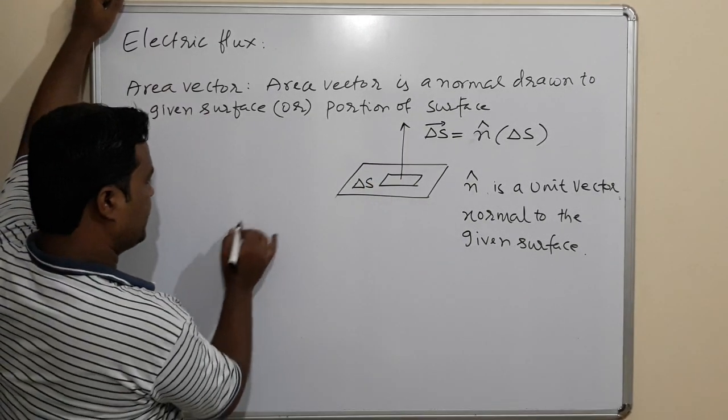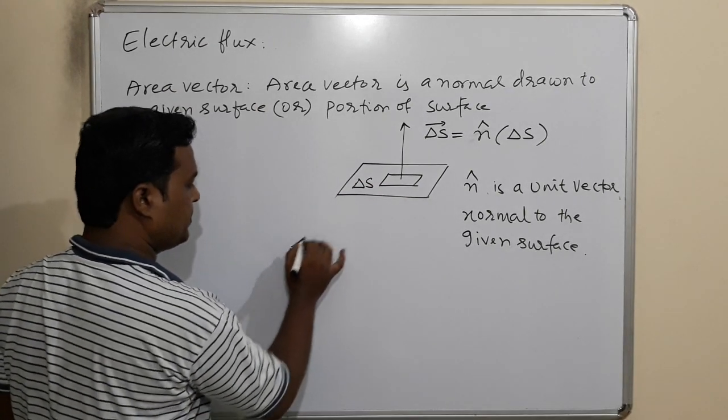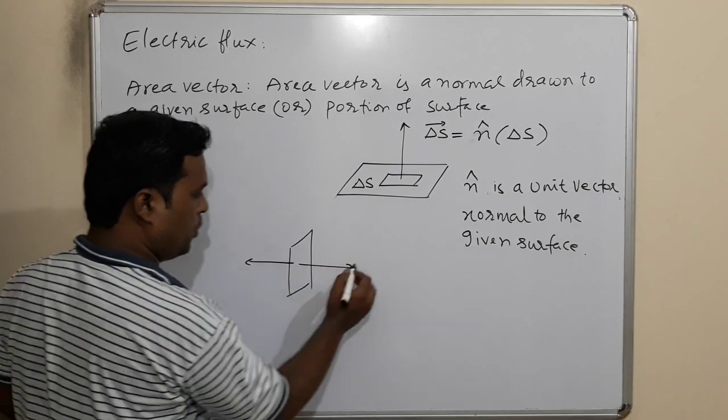Suppose this is an open surface, you can draw the area vector on both sides.